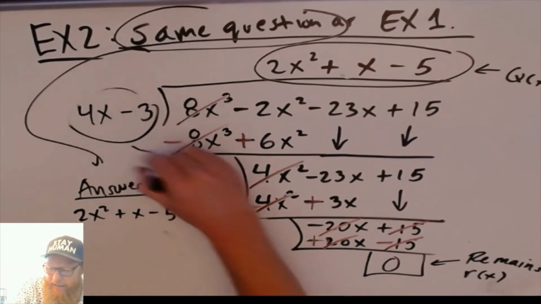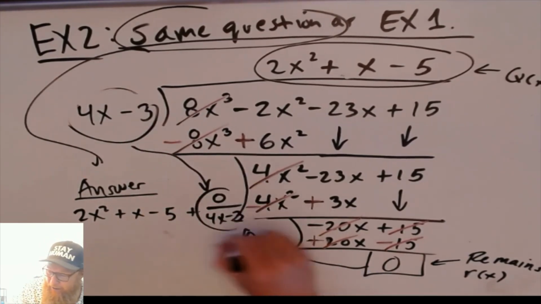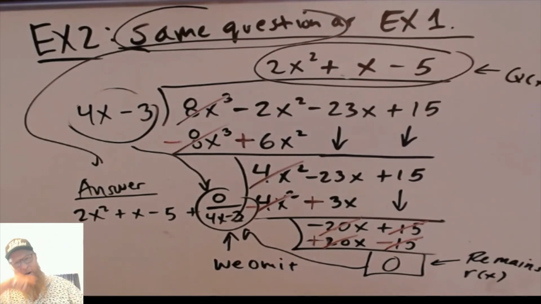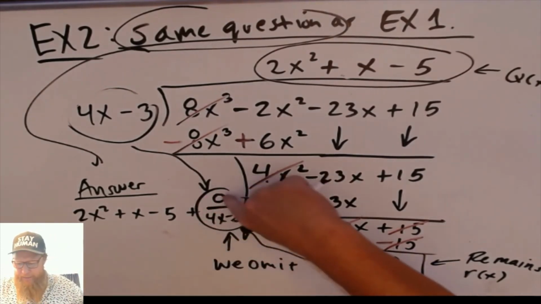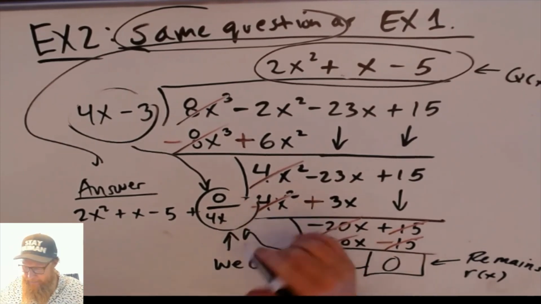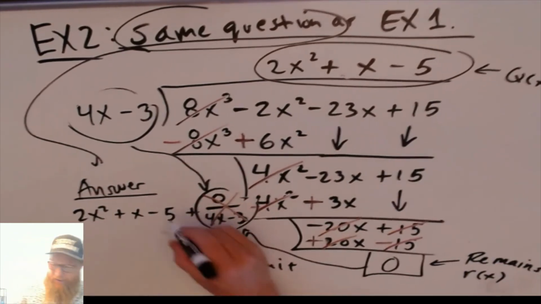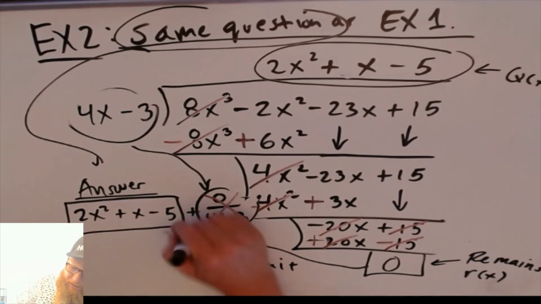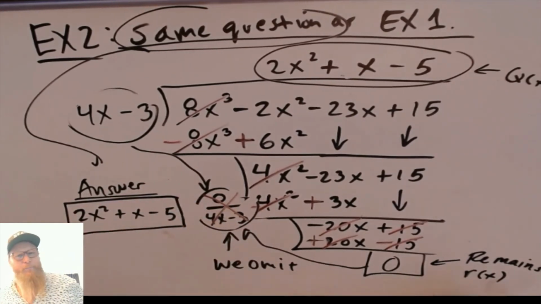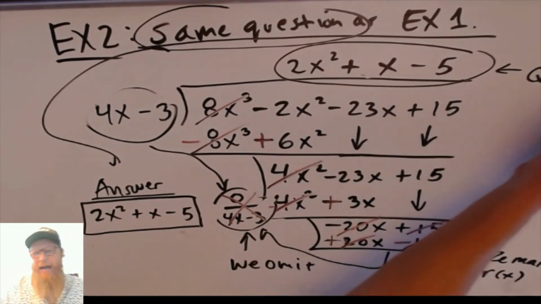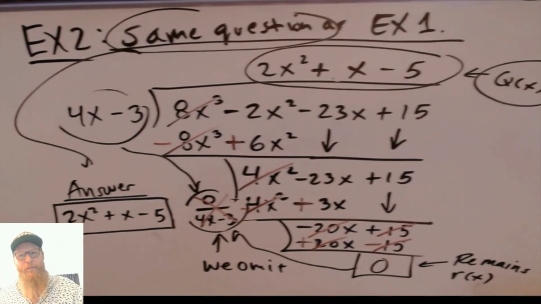But because the remainder is 0, we omit the remainder part, and I hope it's for obvious reasons. 0 divided by 4x minus 3 is just 0. Right? So we're going to omit it because it's 0, and so our answer is only going to be 2x squared plus x minus 5, which is basically Q of x. All right, that's our quotient.